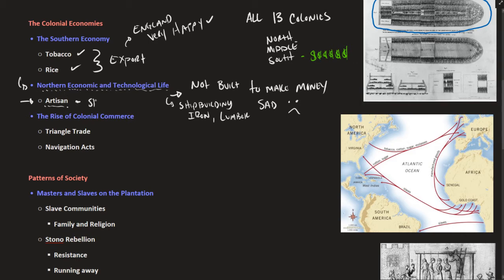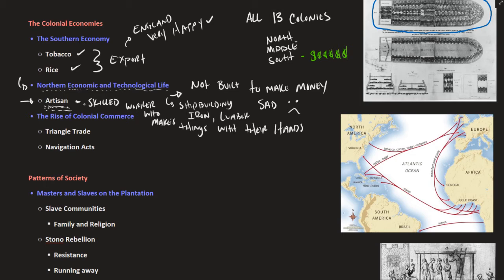This is a skilled worker who makes things with their hands, right? So an artisan is any type of skilled worker who makes things with their hands. A blacksmith, a shoemaker, a furniture maker, a clock maker, whatever it may be. And in the North, there were a lot of these various different artisans.